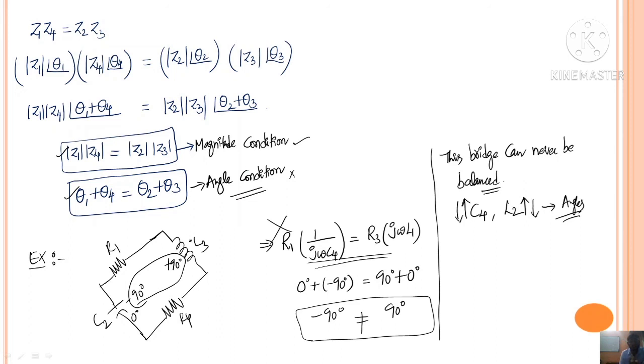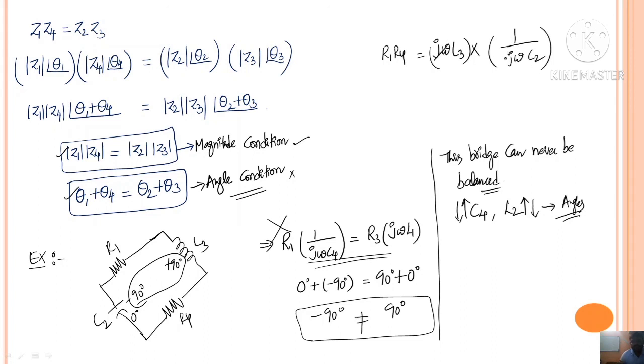In order to get the magnitude condition, what you need to do? R1 into R4, these two products must be equal to this one. What is the impedance of L3? L3 impedance is j omega L3. And what is the impedance of C2? It is 1 by j omega C2.